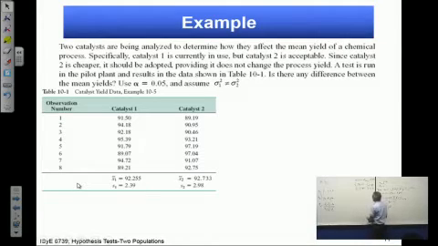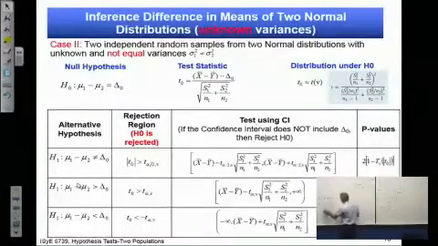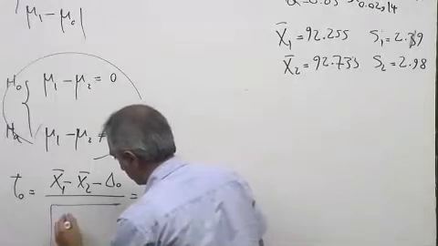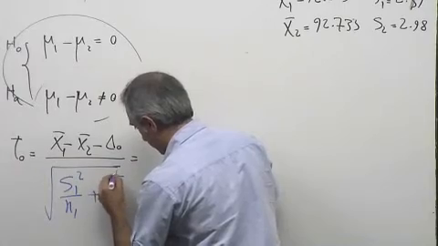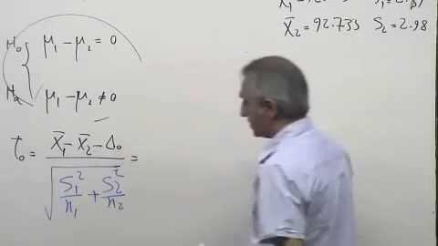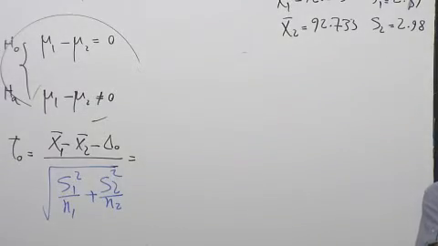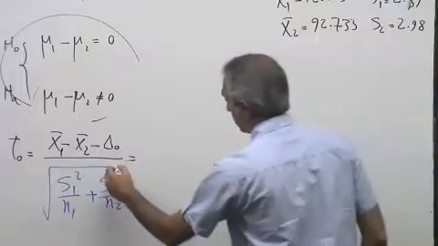Okay, so what we want to do, our t statistic is also a little bit different. Instead of SP, we have S1 squared divided by N1 and S2 squared divided by N2. Since the variances are not equal, we cannot combine the sample variances. So we need to do it separately.